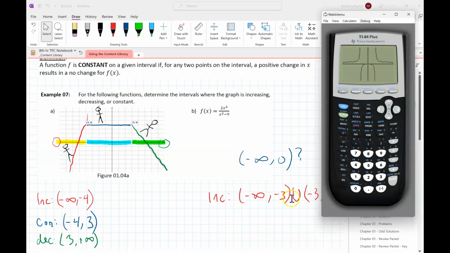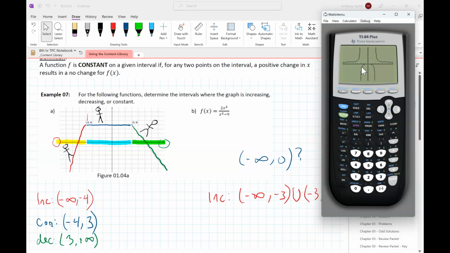Here's why. Think back to our definition of what increasing means. If I pick a point, say up here, and I pick a point to the right of it that's on the interval from -∞ to 0, I could pick a point down here. Was the change in y's positive?